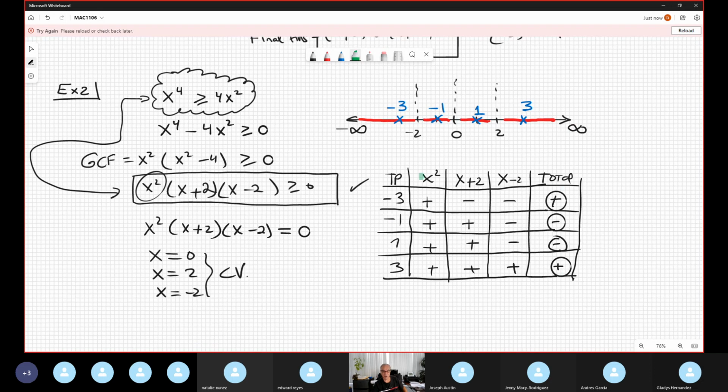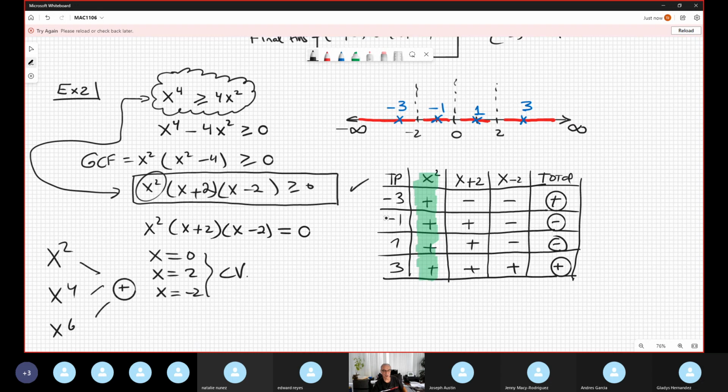Okay, this column is always positive because it's a square. So keep in mind for the future, not now, that when in the factorization the exponent is 2, 4, or 6, an even number, it's obvious that this factor is always positive.